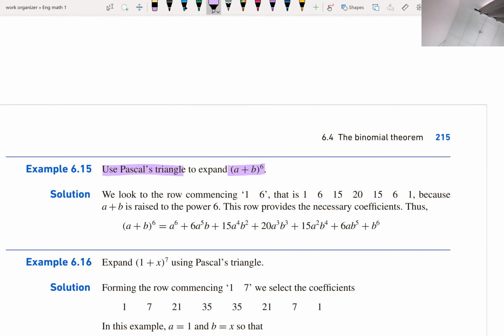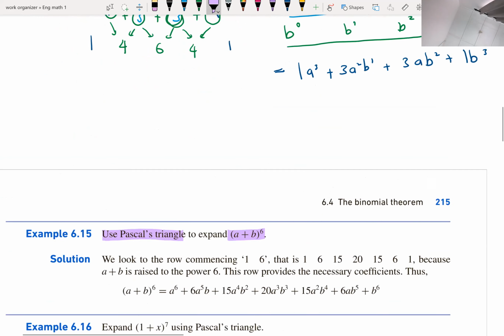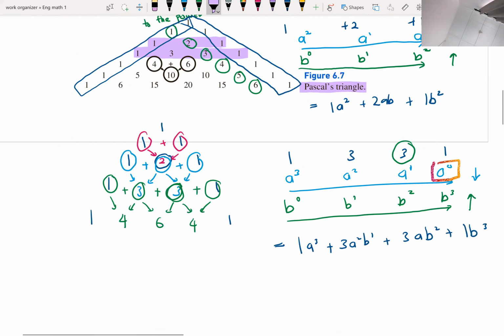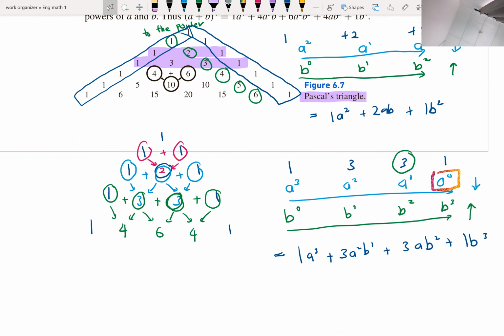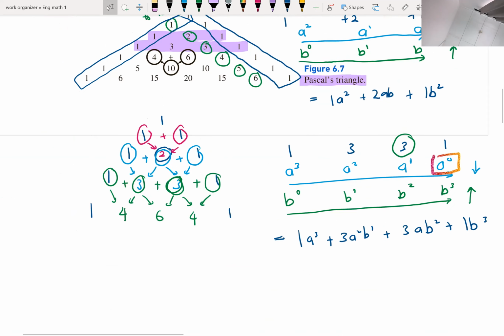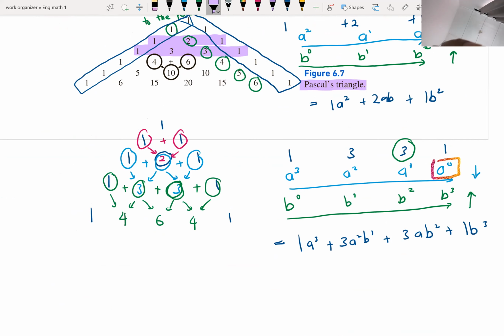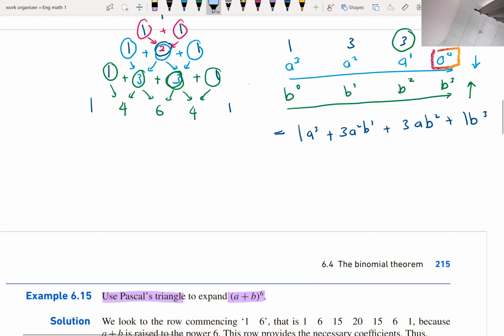From Pascal's triangle, for the power of 6, the numbers are 1, 6, 15, 20, 15, 6, 1. Just write them here.